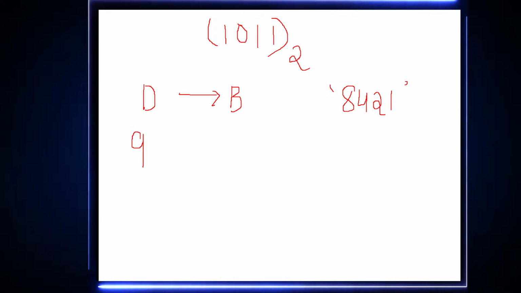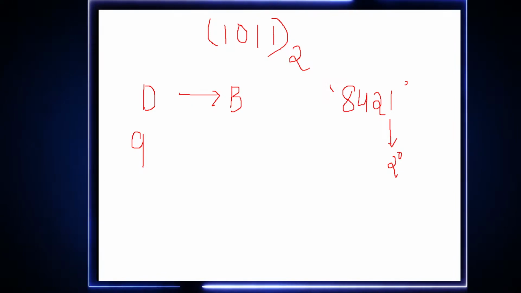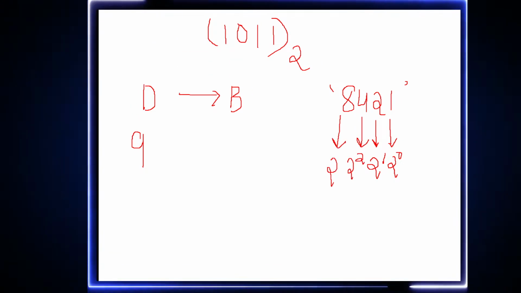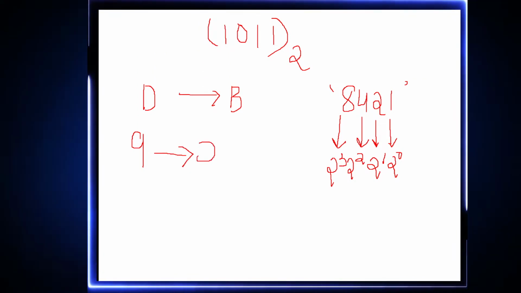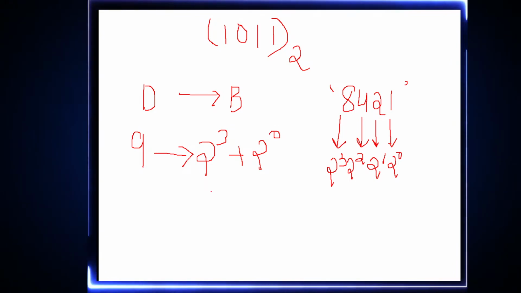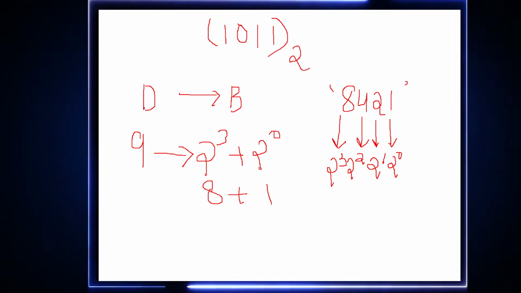So what I would do is, this is nothing but 2 raised to 0. This is nothing but 2 raised to 1. This is nothing but 2 raised to 2. And this is nothing but 2 raised to 3. So what would 9 be? 9 will be 2 raised to 3 plus 2 raised to 0. That means 8 plus 1, right? So 8 plus 1 is nothing but 9.